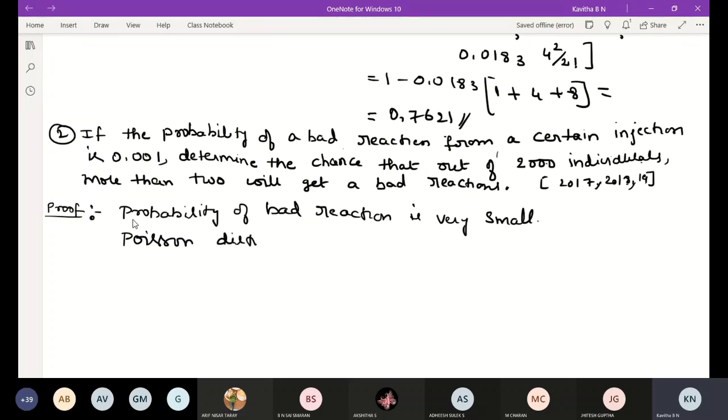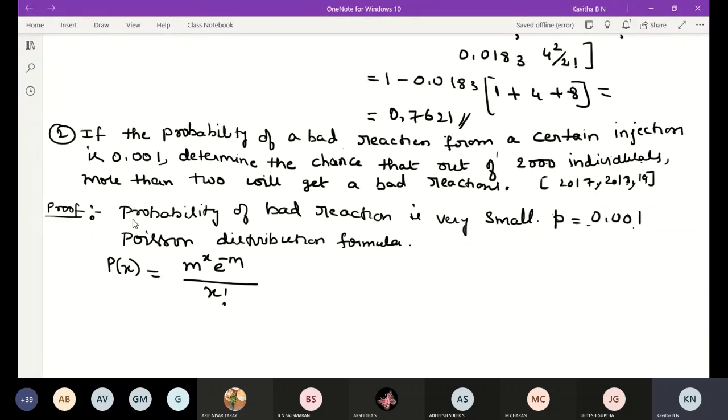P of x is equal to m to the power of x e to the power of minus m, whole divided by x factorial. Then here, probability of a bad reaction, small p is what here? 0.001.